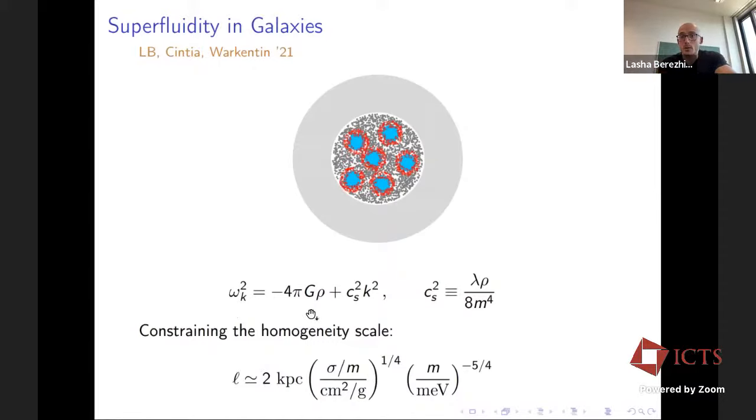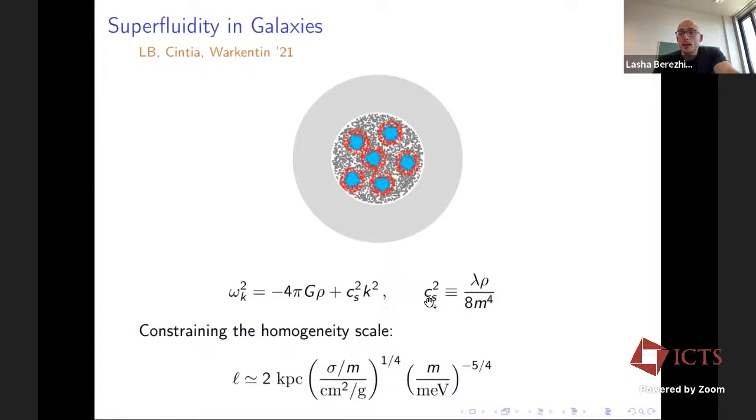So there is this Jeans instability, this tachyonic gravitational mass that drives the Jeans instability, and then this is the sound wave of the superfluid, and that gives us the characteristic momentum, which correspondingly translates to a characteristic wavelength beyond which the instability kicks in. So omega becomes imaginary for small enough k, and as a result, the corresponding modes become unstable.